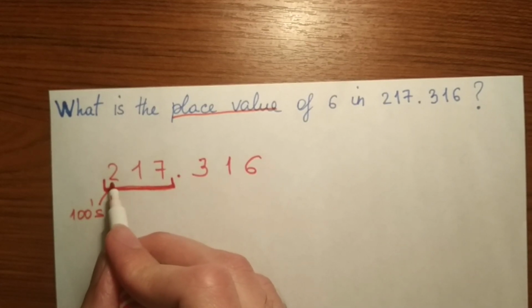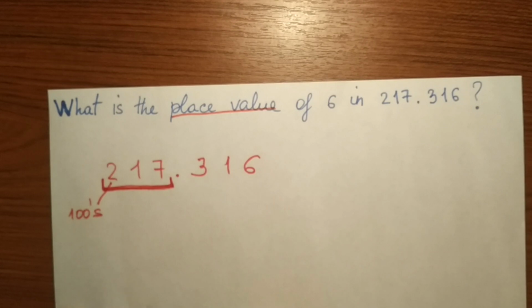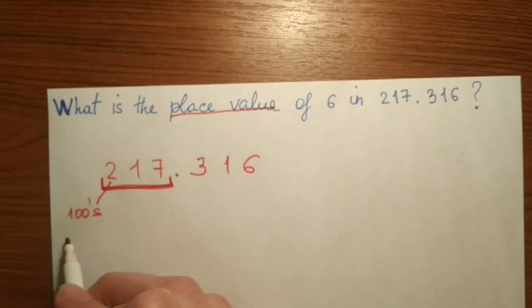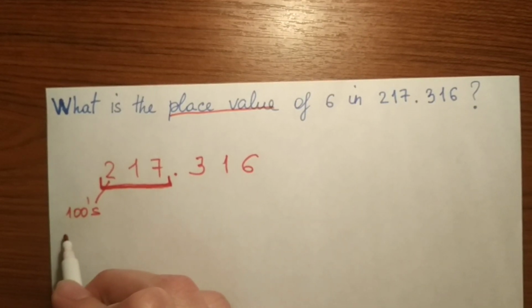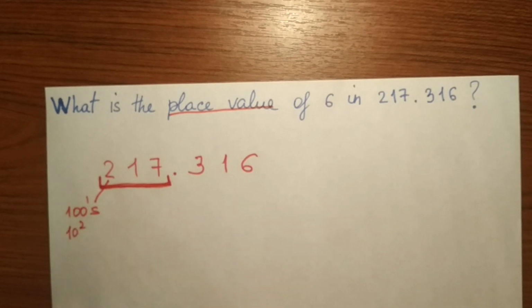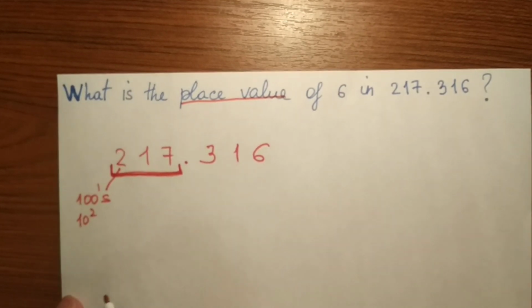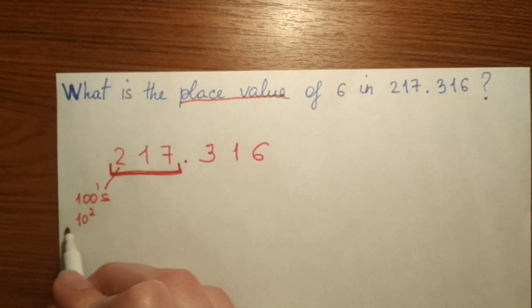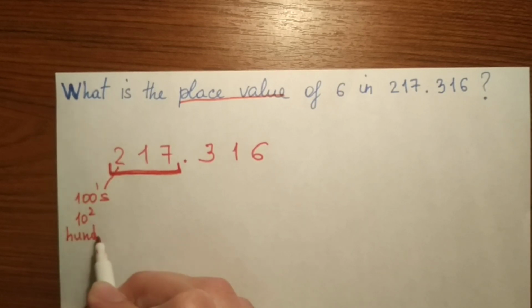The first number represents hundreds, and we could view it as 10 to the second. Let me write here the written form. The written form is going to be like this: hundreds.